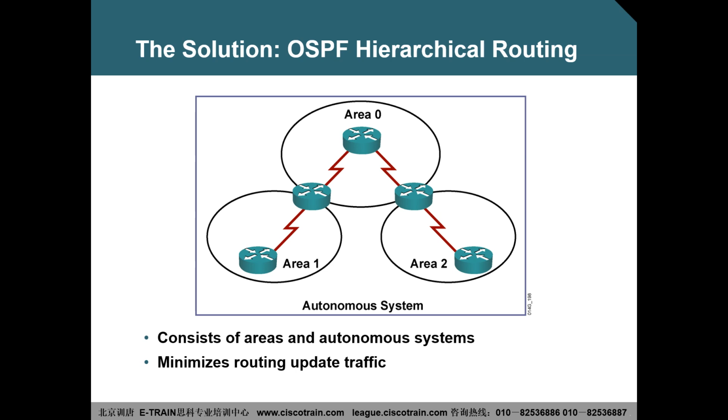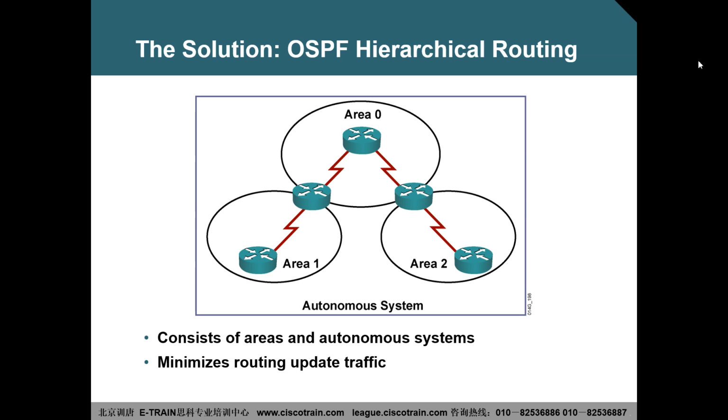So whenever we have a router with membership in multiple areas, and definitely there should be area 0, we call it an ABR, area border router. Now that is the place where we will do summarization. That's the best place to do summarization.